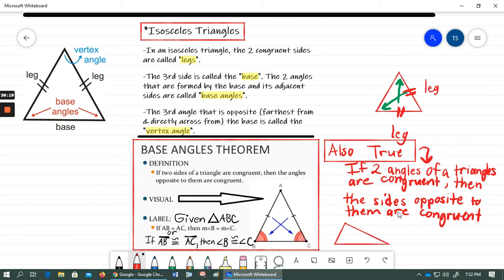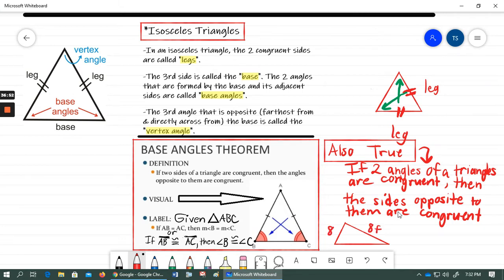Yeah, that ain't exactly how I needed it to look, but guess what? If I put my little congruency marks here, it don't matter how the triangle looks, because if I put my little congruency marks on this side, these two sides are congruent. So it works like this. I'm going to do it not using those congruency marks, but with side lengths.